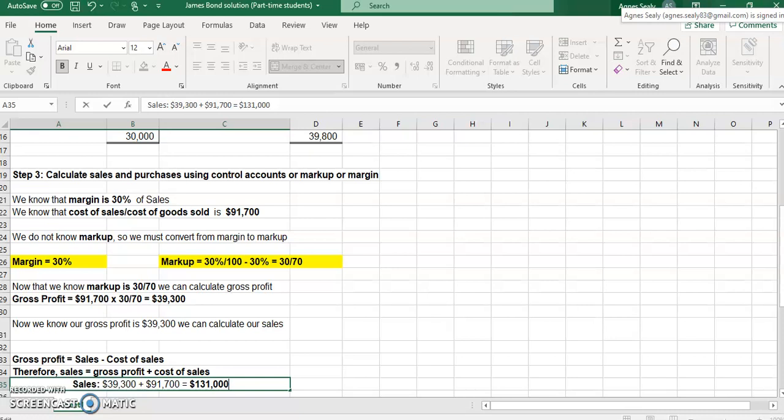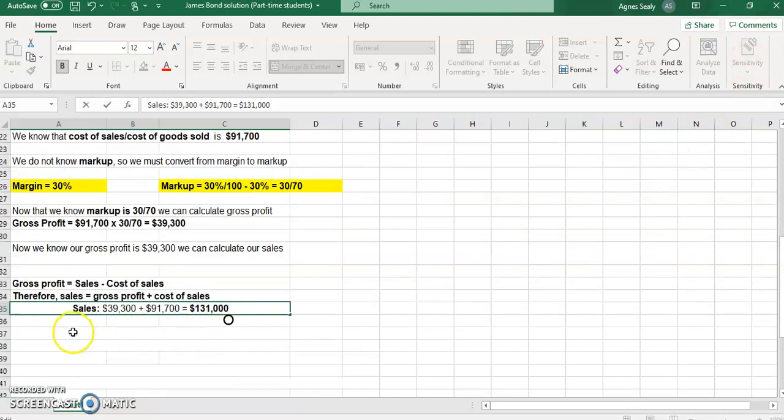So since we know how much sales revenue we receive, what we can do now is work out our receipts from our debtors, or how much money we receive from our credit customers. So we can calculate that figure.